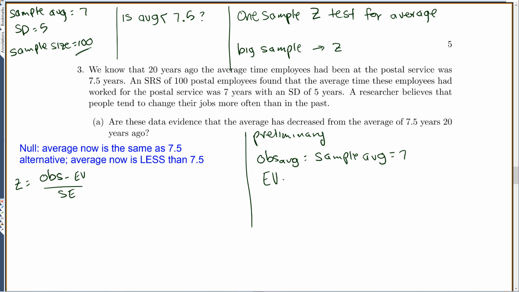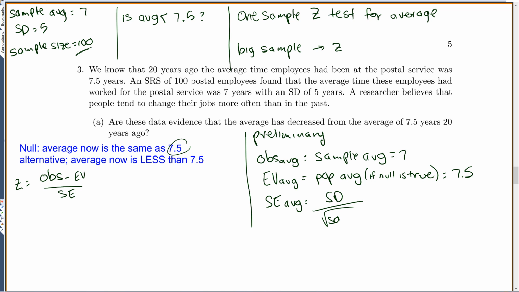Our expected value for averages is always just equal to our population average, assuming the null is true, or whatever value you put in the null, so 7.5. And the standard error for your average is equal to the SD over square root of sample size. So my SD is 5 over the square root of 100, which gives me 0.5.